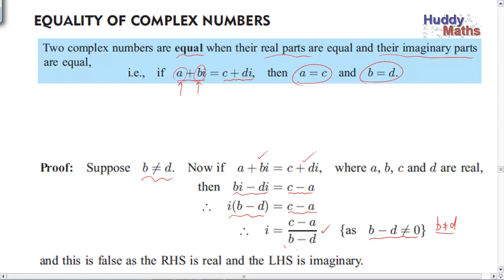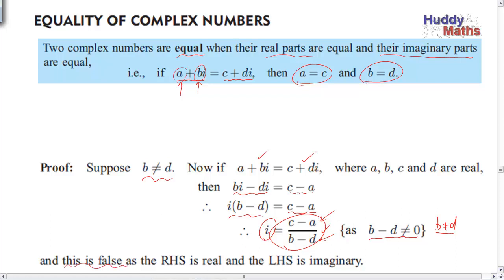Now let's have a look at this number. This is a real number. We've said a, b, c and d are all real, where you drop out the i's. This is a real number. So i all of a sudden has become a real divided by a real. And it's not, it's an imaginary number. It's the basic definition of an imaginary number, isn't it? So this is false.